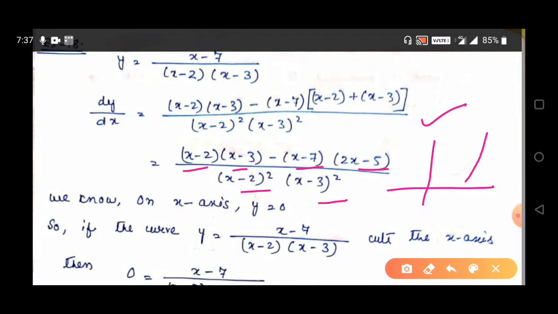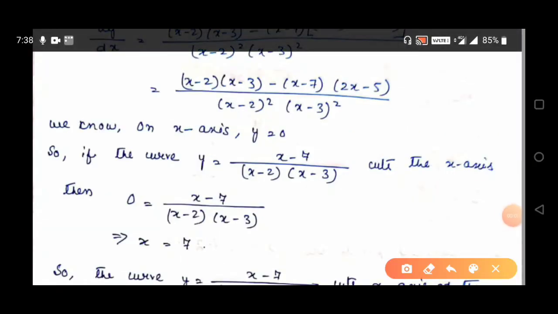So if this is the given curve, and the curve touches the x-axis here, then at this point the y coordinate is 0, x coordinate will be something but y coordinate will be 0. So we know on the x-axis y is equal to 0.